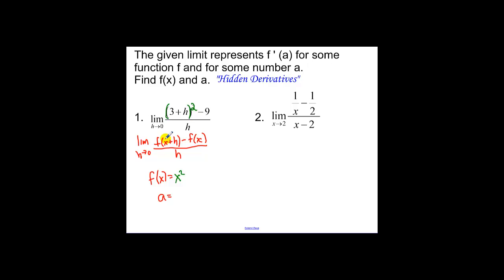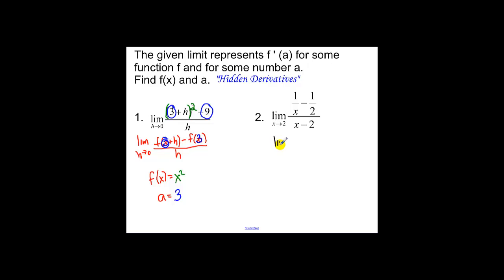Now notice instead of an x in there, in our x plus h spot, I have a 3. Well, notice if I square 3, that's that value right there. So therefore, instead of putting x's in there, they gave us the actual value there instead of x's, so our a would be 3.